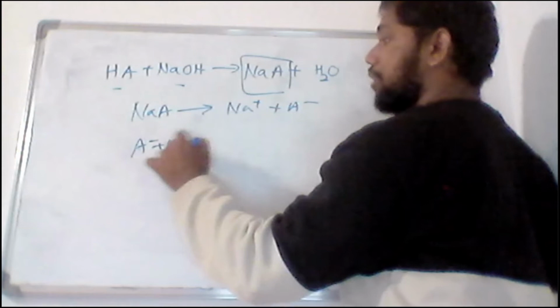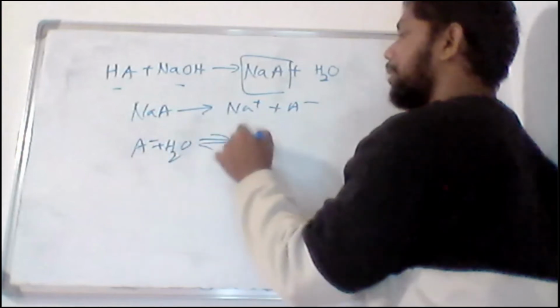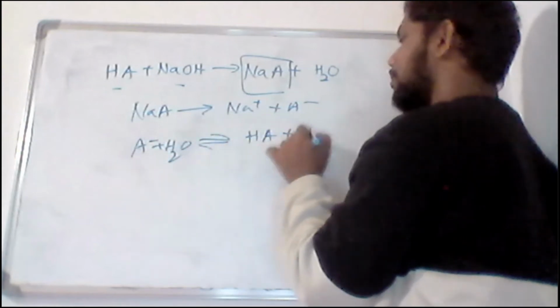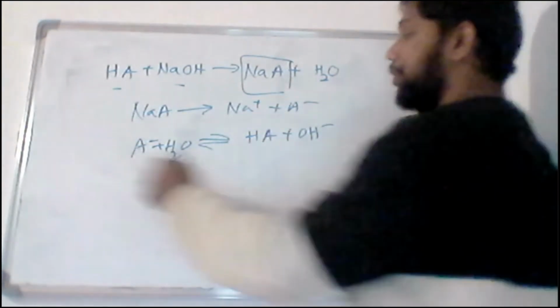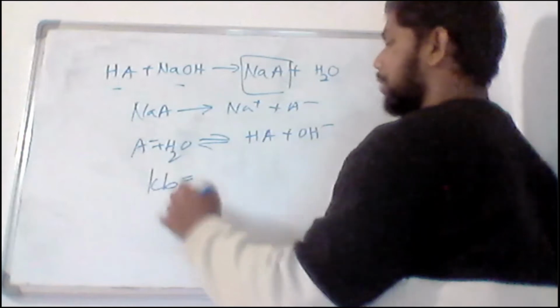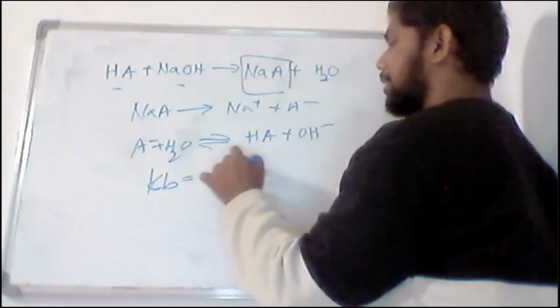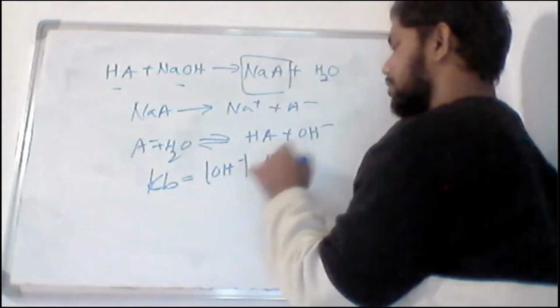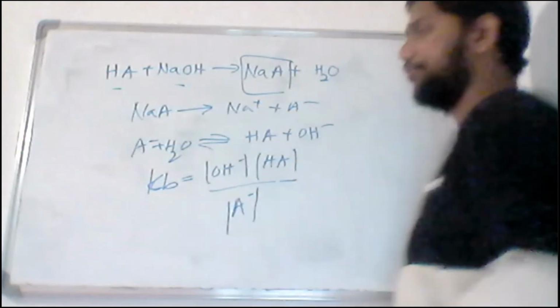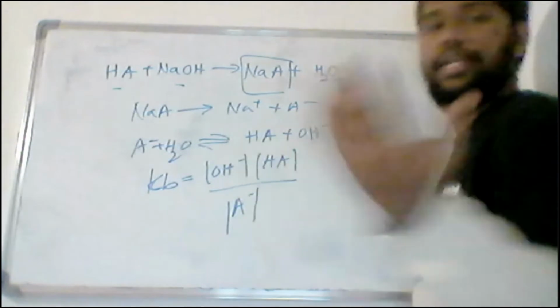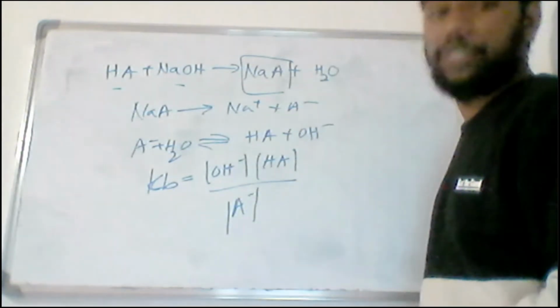It will hydrolyze, forming HA and OH minus. Since it gives out OH minus, this should be a Kb expression. So Kb is equal to OH minus concentration times HA concentration over A minus concentration. This is already explained in the description as well.